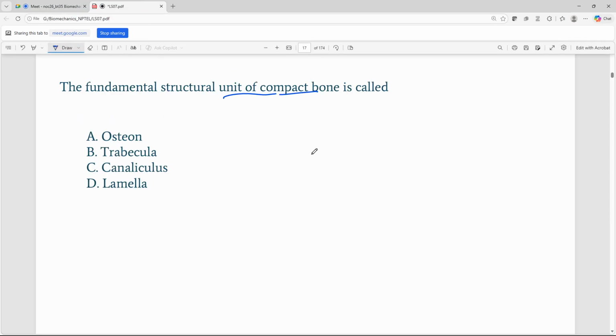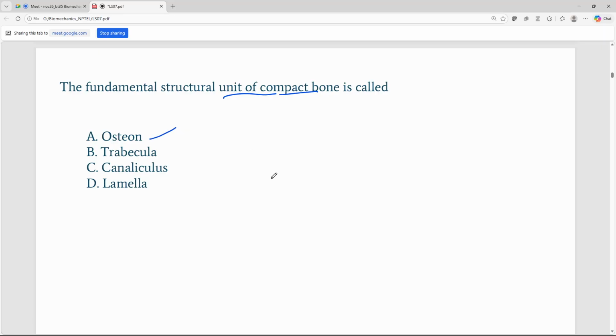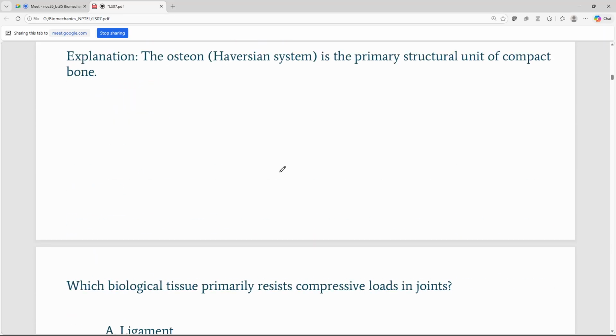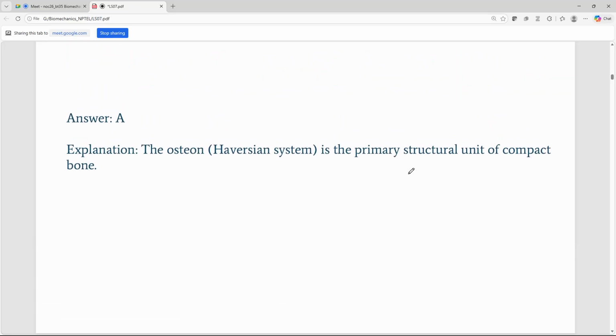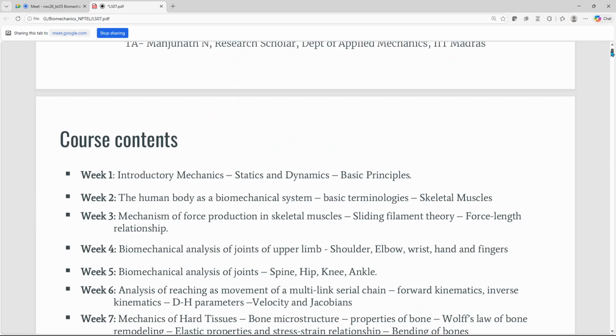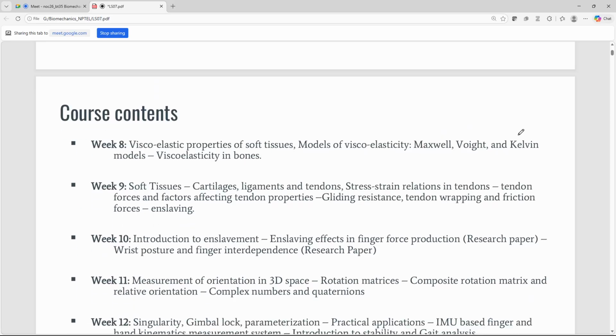The answer is option A, osteon. Osteon, or the Haversian system, is the primary structural unit of compact bone.